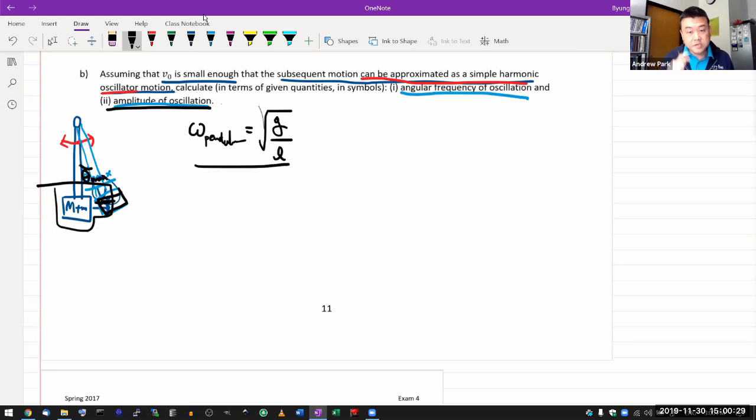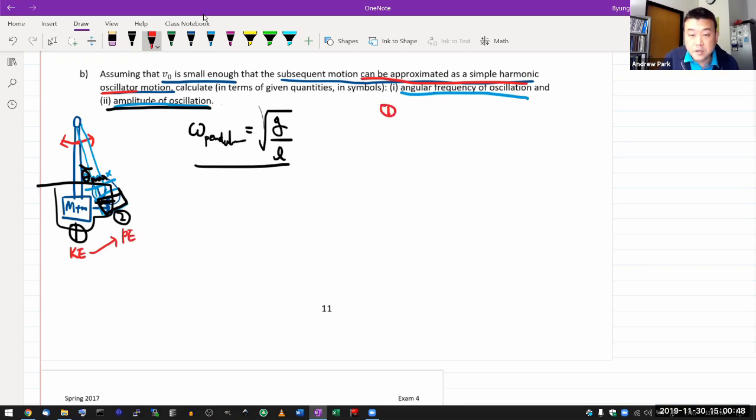And one principle you can use to take you from snapshot 1 to snapshot 2 is conservation of energy. So you say whatever kinetic energy you have at this point goes into the potential energy at point 2. Let me write that down.